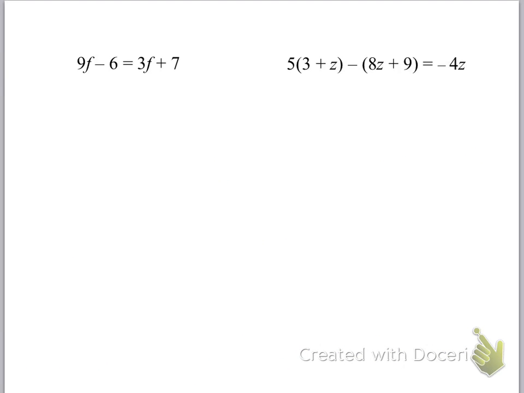Maybe you should push pause and try these all by yourself. So remember, first step, I need to see if there's any distributing. Nope. Second step, simplify each side. Third step, move all variables to one side, so I can do that. Subtract 3f. That gives me 6f minus 6 equals 7.